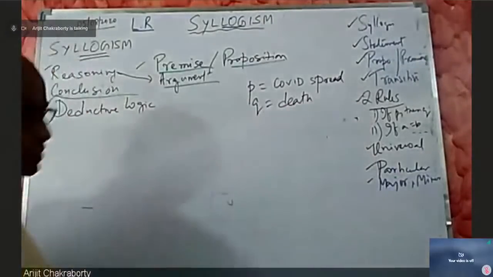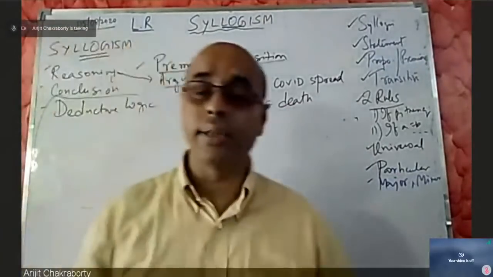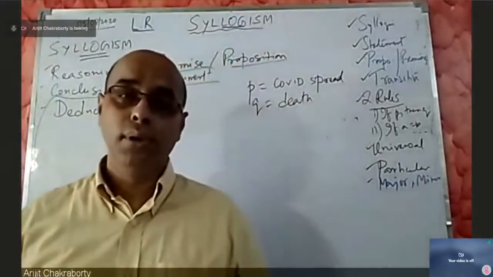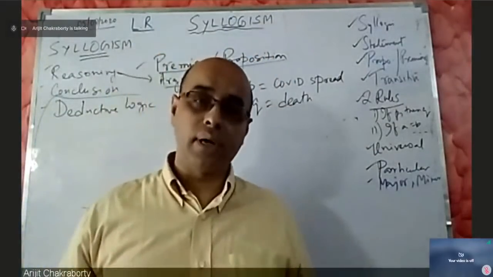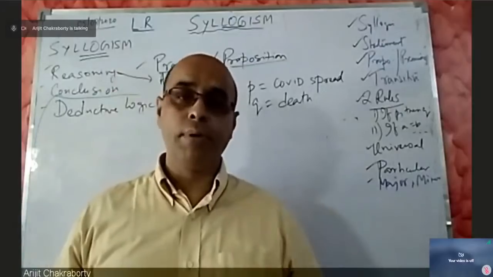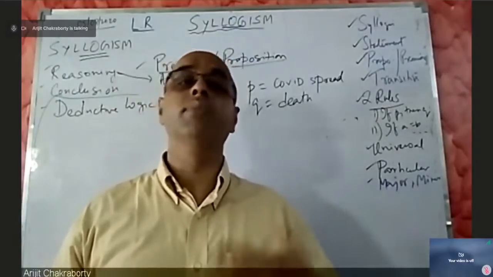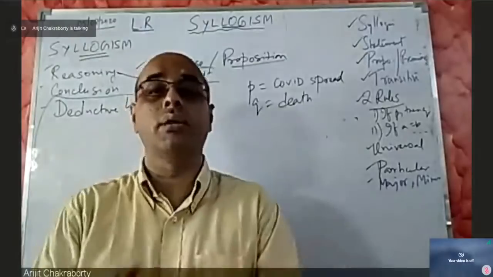So we saw examples of, like I said, if P then Q, right? If COVID expands further, more people get contracted, then it will result in more deaths. If more deaths, then lockdown can get extended.